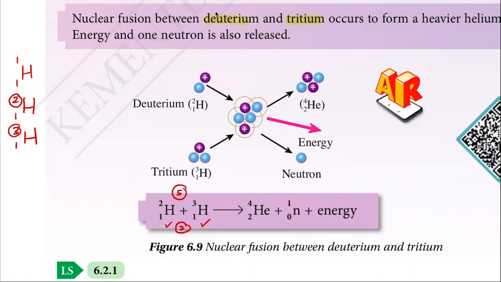So it will create helium and a neutron and also energy. So this part here should also be equal. 4 plus 1 is 5. And below is 2 plus 0 is 2. So it should be equal. Okay, the numbers should be equal.